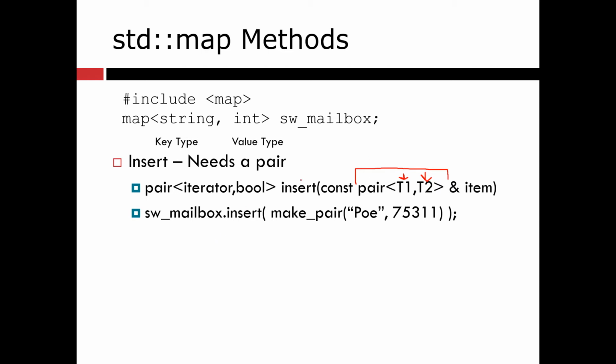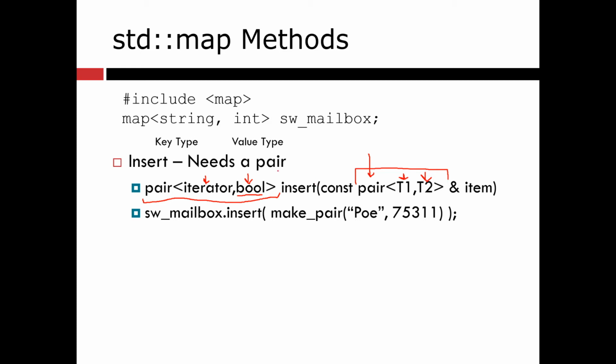And it's going to return back a pair itself. And this pair is going to be a Boolean and an iterator. So the Boolean is going to tell you, yes, insert was successful, or no, insert was not successful. And the iterator is going to be a reference to that pair that you just inserted.